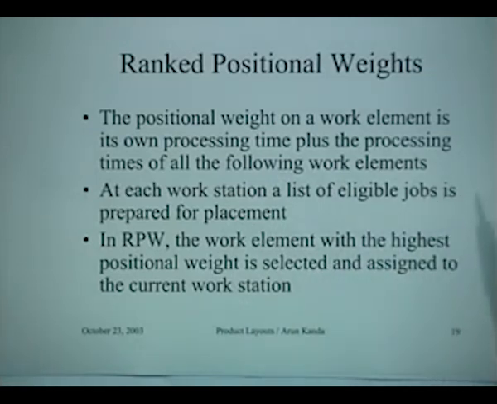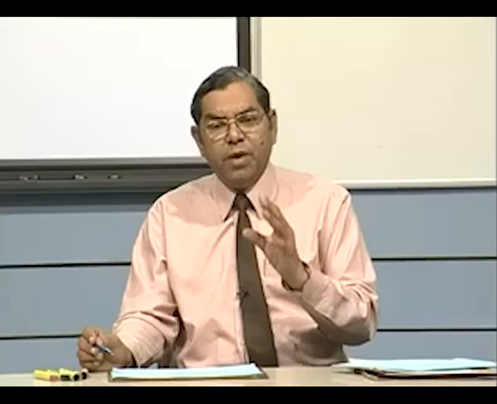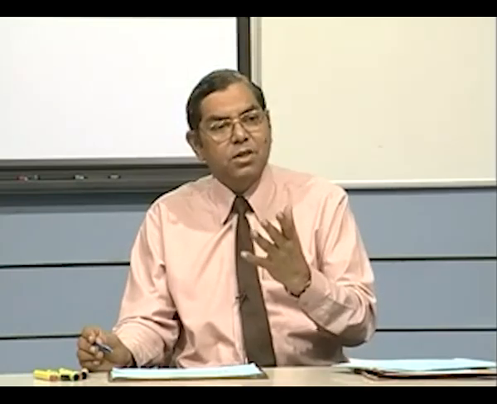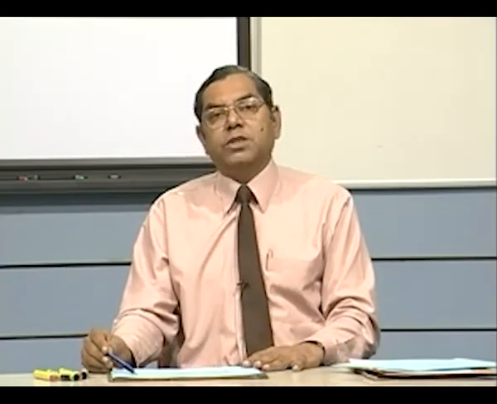So the basic idea would be that the total positional weight will give you an idea of how much time it will take at least to go to the end from that operation. That's the idea. And this is used subsequently in defining your priority for assigning jobs to workstations. That's the only thing. Okay.